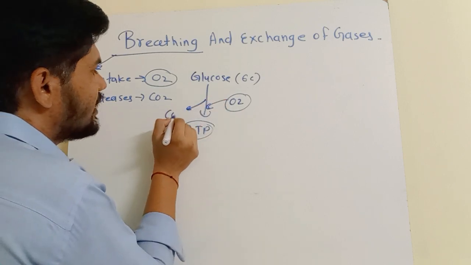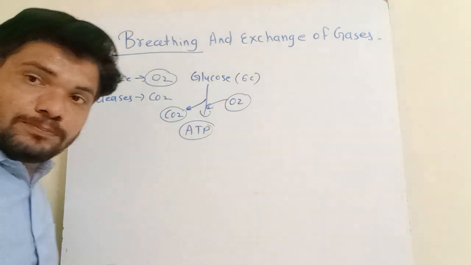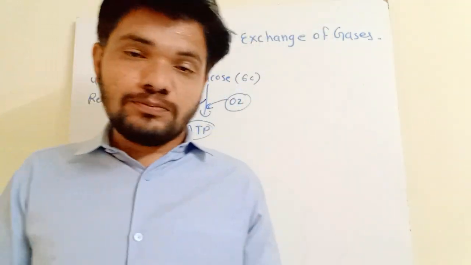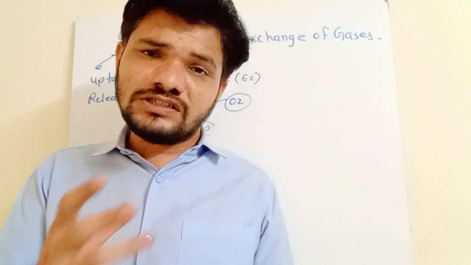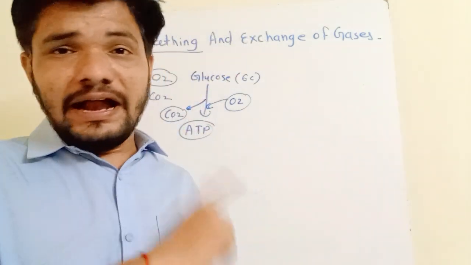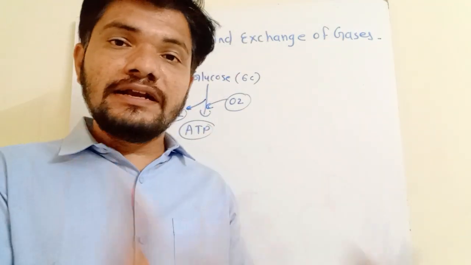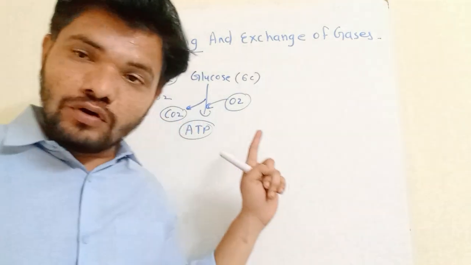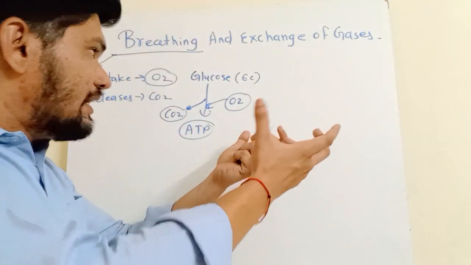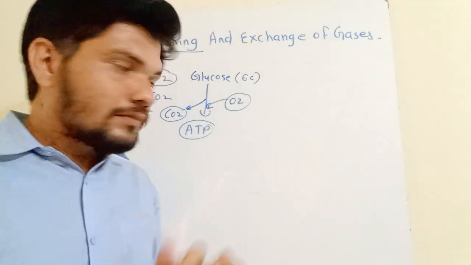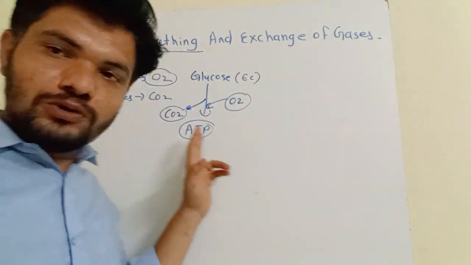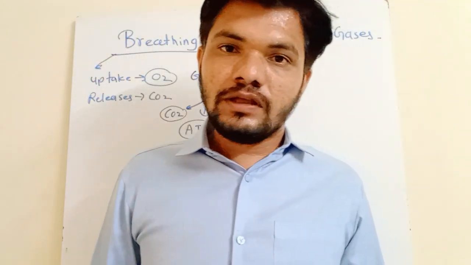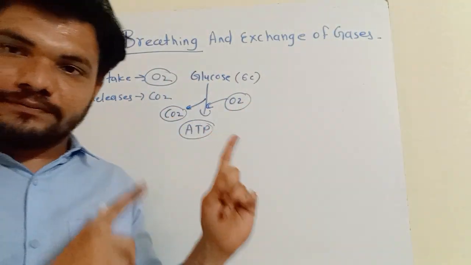From one glucose, cells produce 6 molecules of CO2, which is a waste and toxic for the cells. That toxic product should be released out of the cells. So cells take in oxygen and release CO2, and that's why we have to release this CO2 out of the body. That's why we perform breathing.